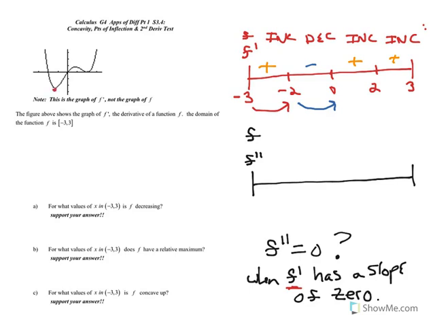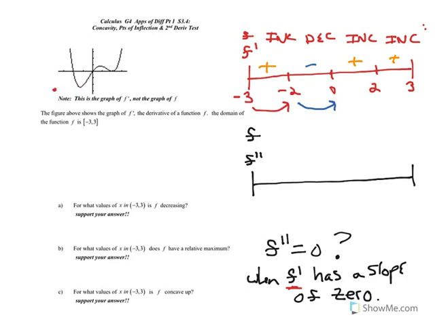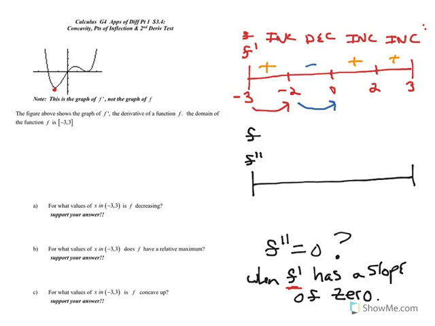So right here we're going to have a slope of 0, and it looks like right here we will have a slope of 0, and right here we will have a slope of 0 on f single prime. So f double prime will be 0 at those values.